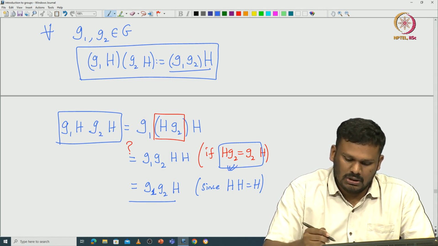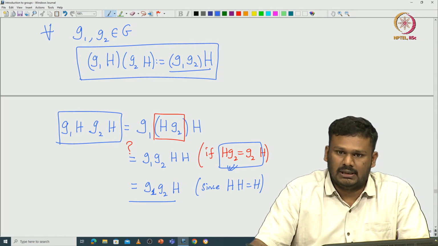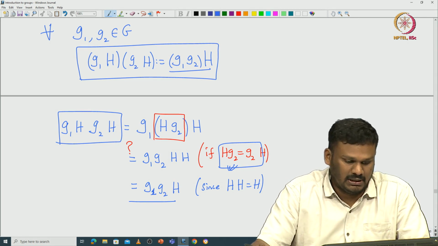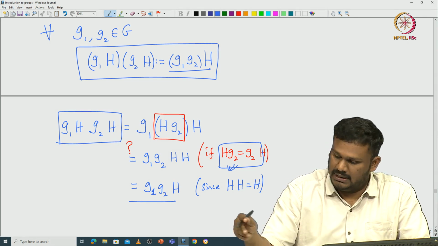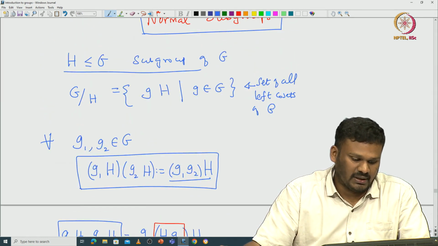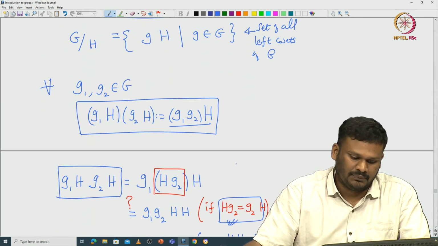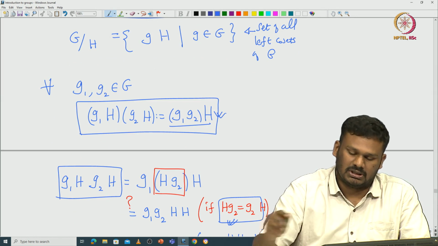This condition naturally arises when we demand this G modulo H to have a group structure with respect to this multiplication.